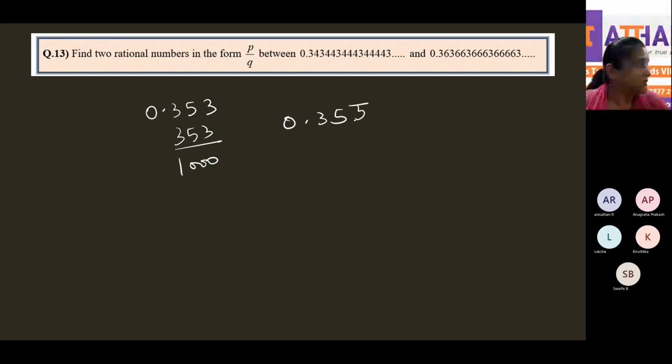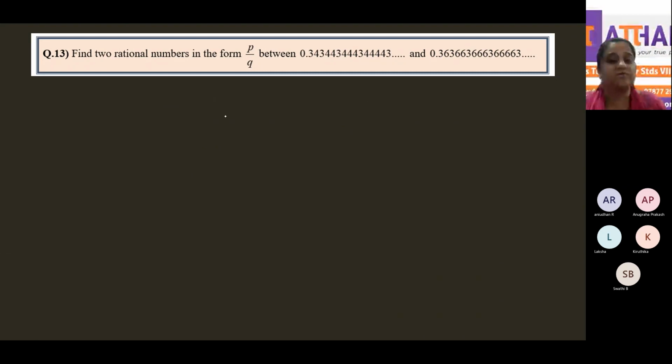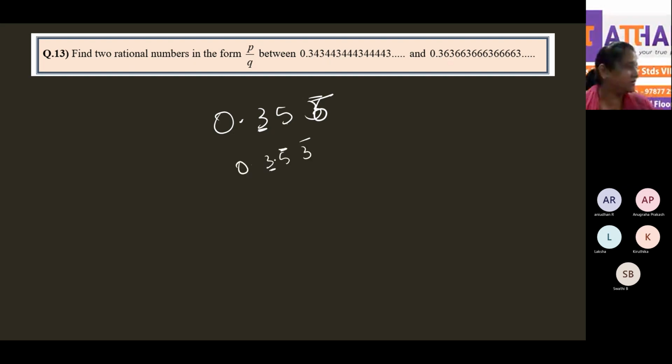Same thing, you can put 3 going on forever. But you cannot put 3 because there's already 3 here. You cannot write 3, 5, 3 recurring, because if 3 repeats, then 5 also will repeat. So you can put some other digit like 6 and recurring. Because 0.35, you cannot put 3 recurring because if there's 3, there should be 5.